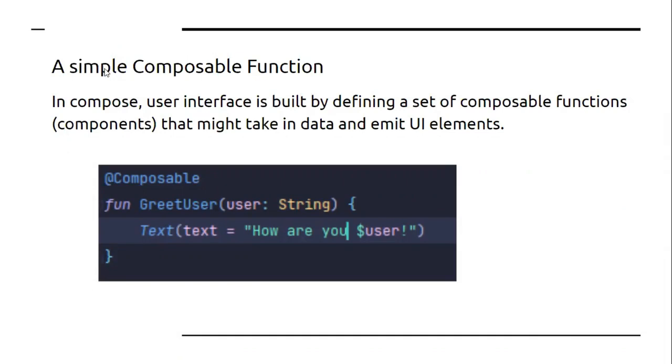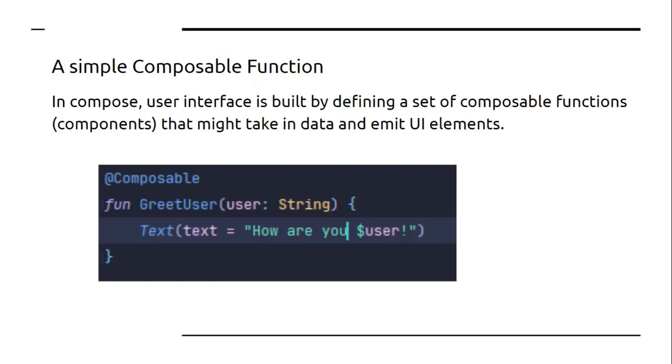Now we are going to see an example of that. As you can see here, this is an example of a composable function. By the way, what is a composable function? These are the building blocks. In Compose, the user interface is built by defining a set of composable functions, or in other frameworks like React, what's known as components.